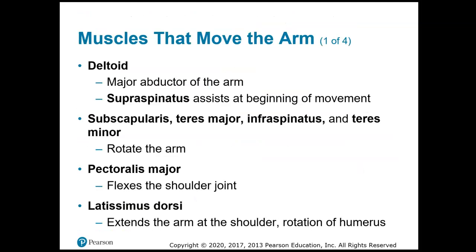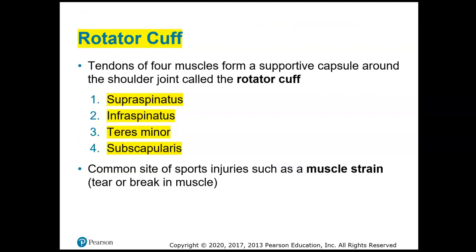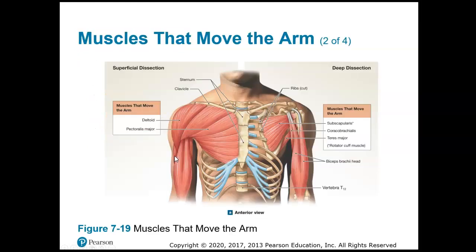And you can go over this information on your own, of course, but now I just want to make sure that you know the rotator cuff is composed of 4 muscles. They're called the supraspinatus, infraspinatus, teres minor, and subscapularis, the rotator cuff muscles. The subscapularis is here, and it's going to be deep to the pectoralis major muscles.